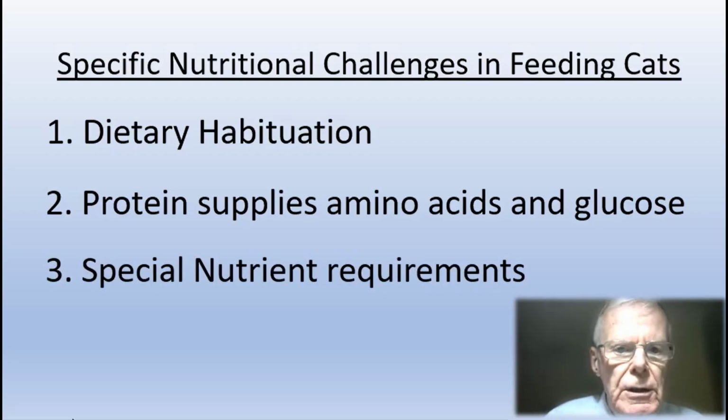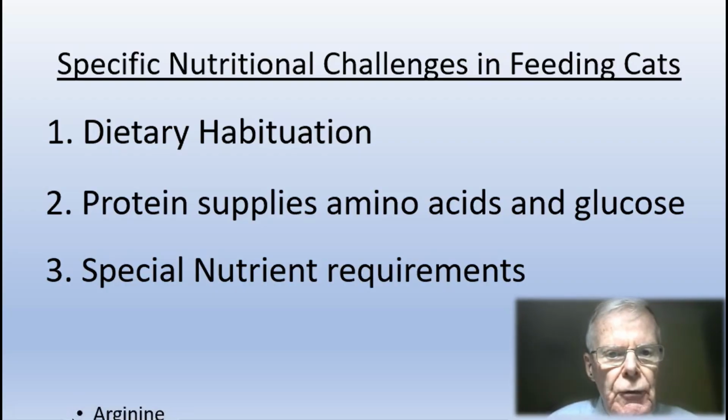Because of their requirements as an obligate carnivore, cats have a range of very specific nutrients that must be obtained from their diet, while other animals, including dogs, may be able to synthesize these nutrients.